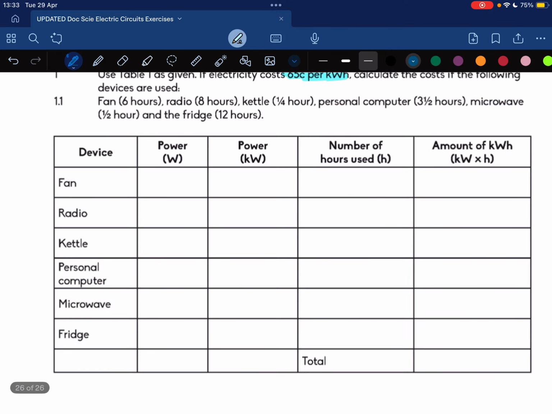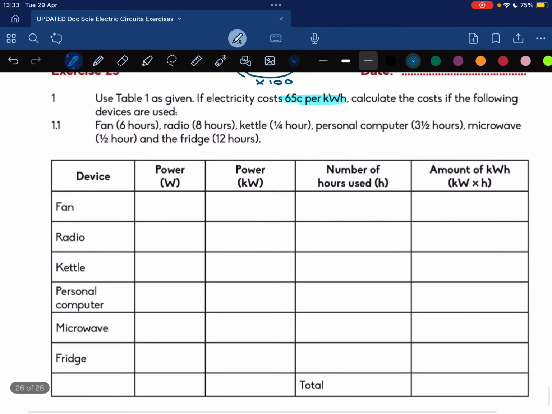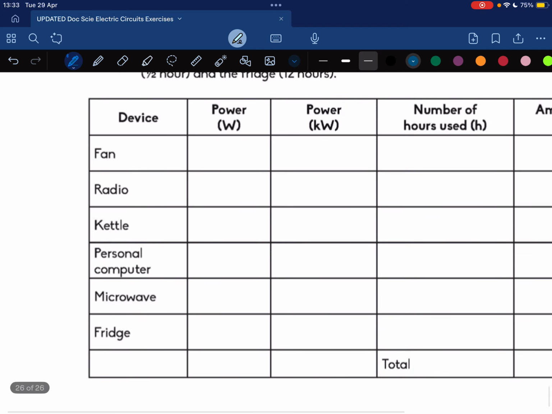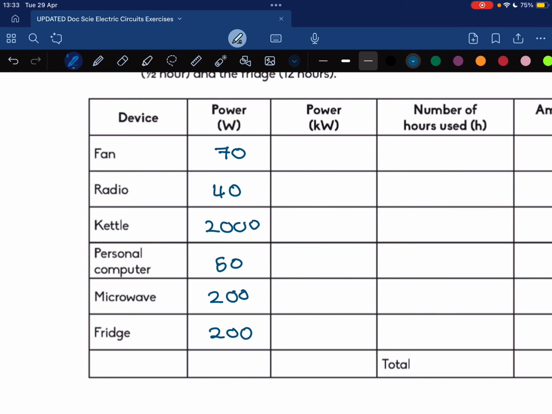So if I had to answer this table, from table 1 I can get all the values for the fan, the radio, the kettle. So pause, go to the table and fill in the power. The power for each one is going to be 70 for the fan, for the radio it is 40, for the kettle it is 2000, for the personal computer it is 50, the microwave is 200, and the fridge is also 200.